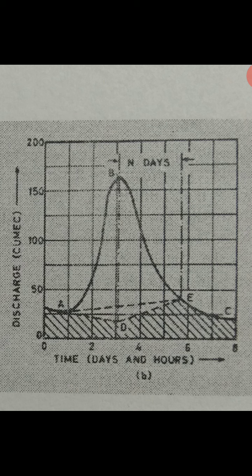You can see on the screen, and the area below this line is taken as the base flow. Since the base flow forms a very insignificant part of total runoff during high floods, often a constant value of base flow is assumed.